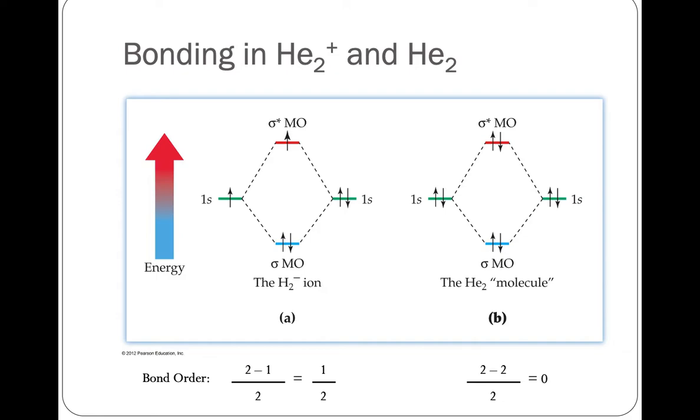But this information is what we're able to get out as we draw these diagrams for different molecules. So for H2 minus or He2 plus, if we calculate the bond order, we'd have 2 electrons in the bonding minus 1 in the anti-bonding over 2, which is 1/2. Really, anything that has a bond order bigger than 0 can potentially exist.